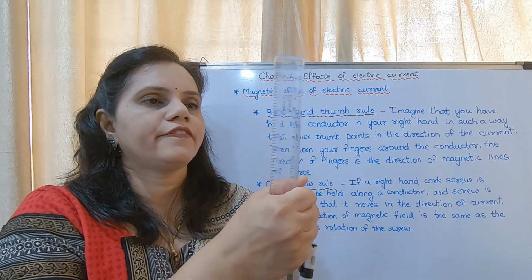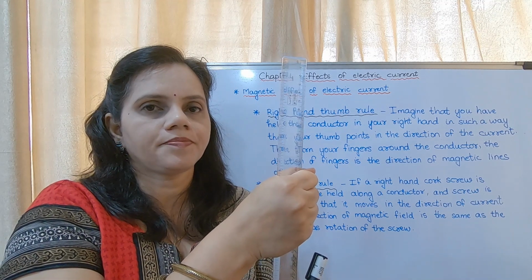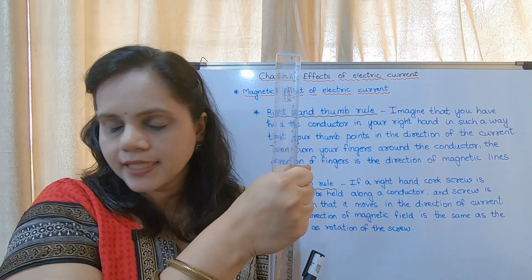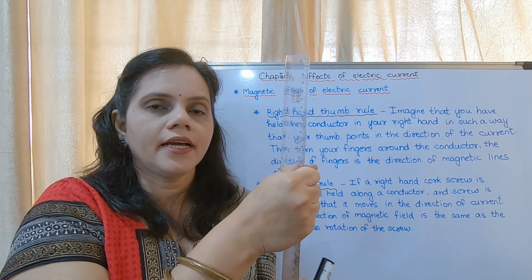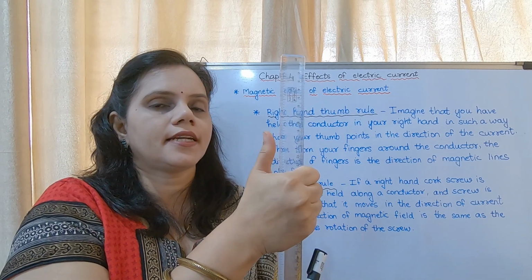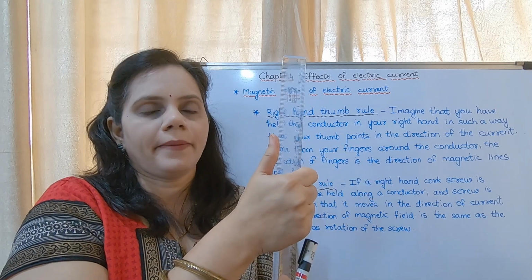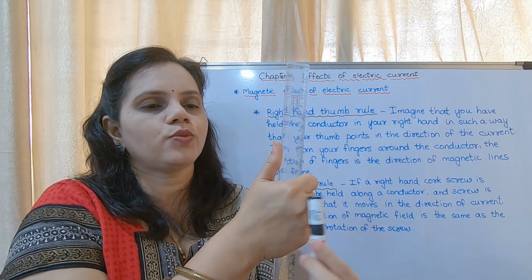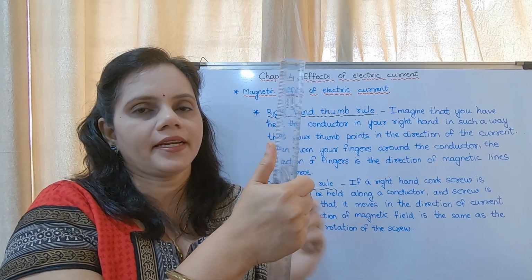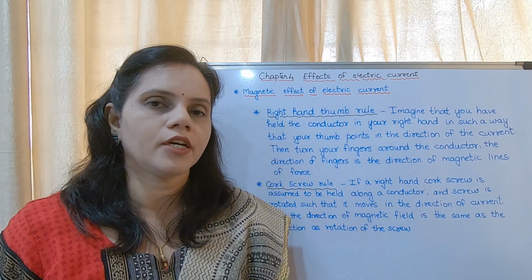I repeat, the scale is the conductor, and I have held the conductor in my right hand. This is the direction of current, so this will be the direction of magnetic field. So that is the right hand thumb rule.